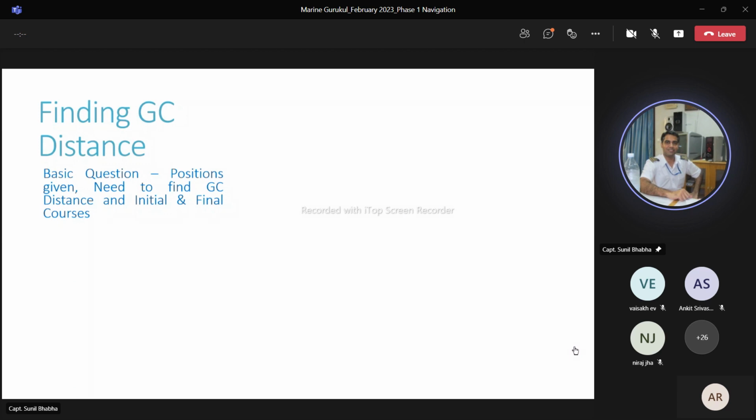Now, another important thing with great circle sailing is that when we move along a great circle track, one important characteristic is that the course of the ship, the heading of the ship, keeps on changing continuously. This does not happen with the simpler methods of sailing, or you can say rumbline methods, that is parallel sailing, plain sailing, or Mercator sailing.